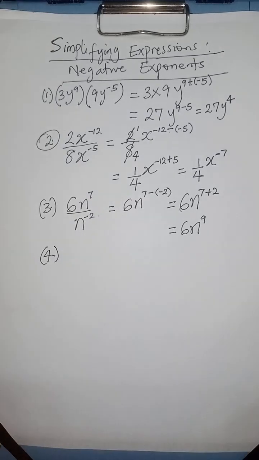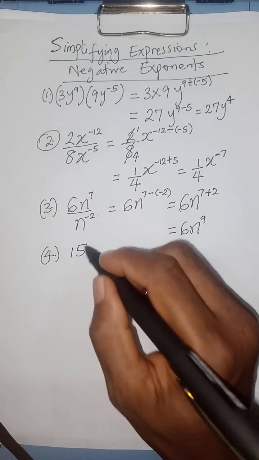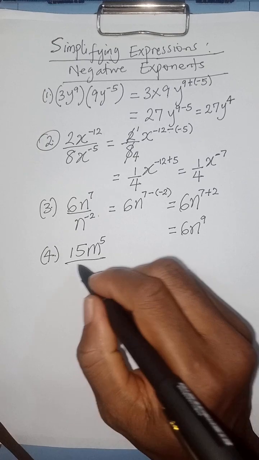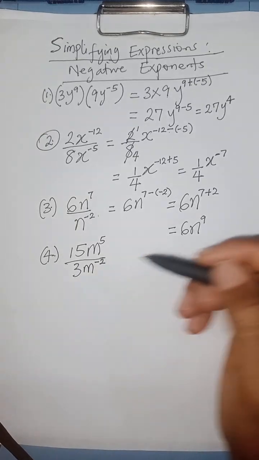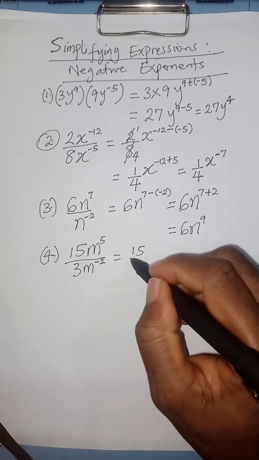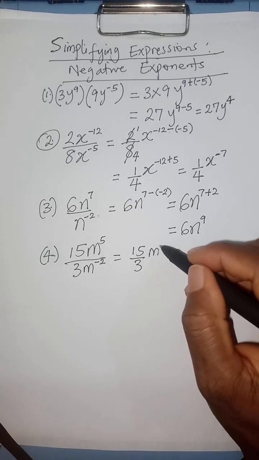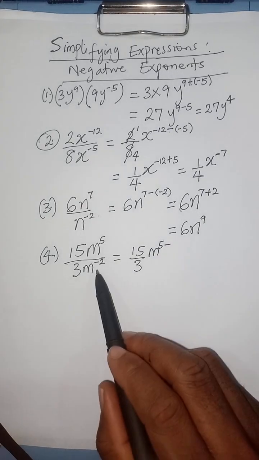Number 4. 15m raised to power 5 divide 3m raised to power minus 2. This will give you divide the coefficients separately and then pick m raised to the power 5. Division means minus. And what are you subtracting?